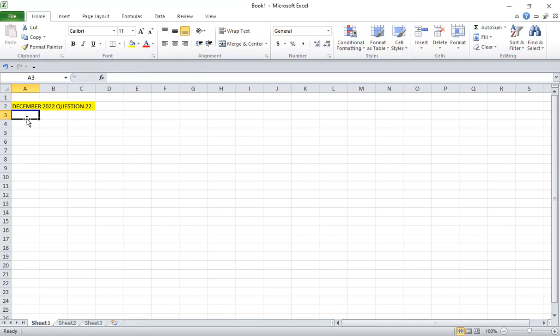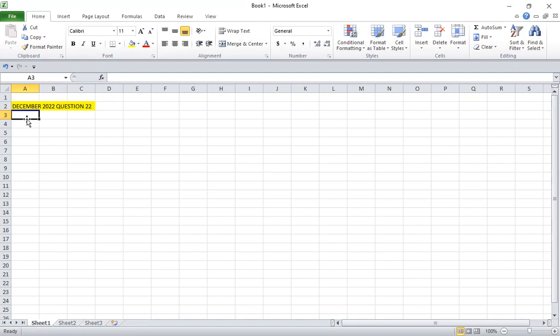One, we are told that we have the weighted average cost of capital to be used to evaluate the project, and for that, the question has given 2 marks. Number 2, we are required to calculate the relevant cash flows over the project period.